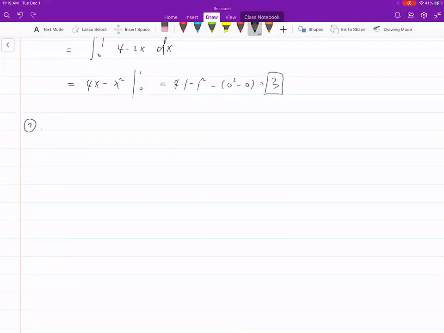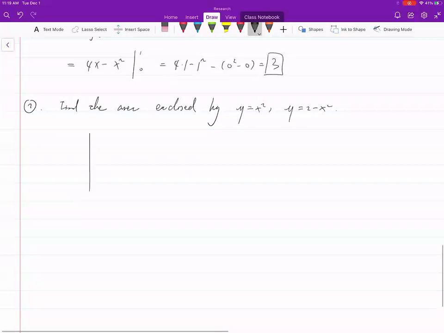Let's try something else. Find the area enclosed by y equals x squared and y equals 2 minus x squared. Again, the first job, try to draw something. x squared.